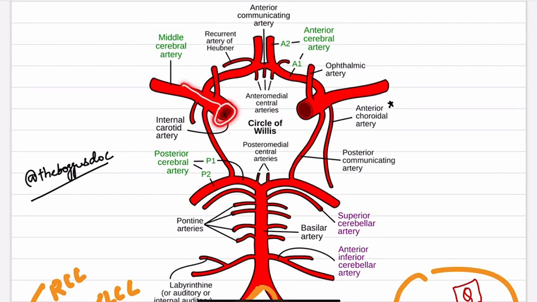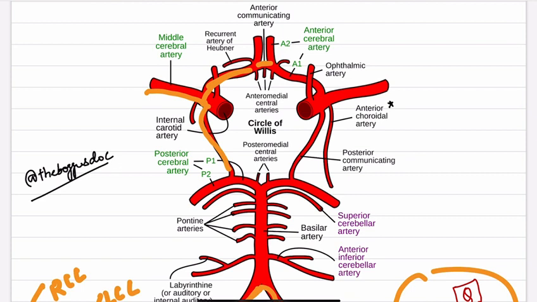The internal carotid artery is divided into two parts: the anterior cerebral artery and the middle cerebral artery, and this is the posterior communicating artery. The question can be what the posterior cerebral artery is a branch of. The posterior cerebral artery is a branch of the basilar artery. You can think of it like this. After this, there is the anterior communicating artery that joins both anterior cerebral arteries.